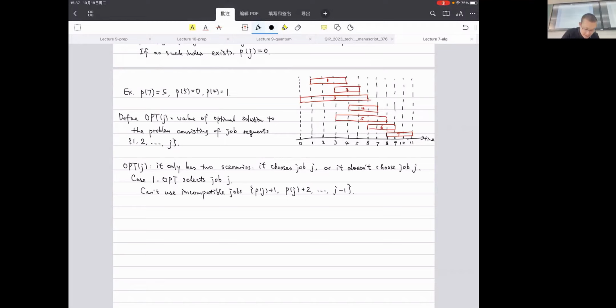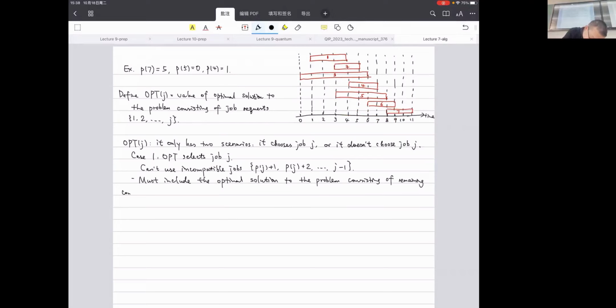So this suggests that if we have optimal solutions here, we must include the optimal solution to the problem consisting of the remaining compatible jobs, basically from 1 and 2 until PJ.